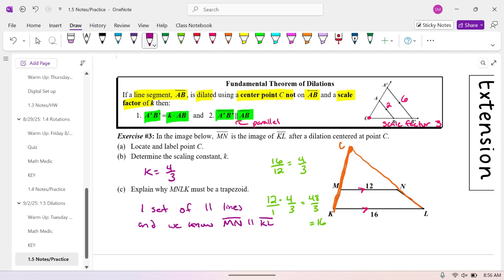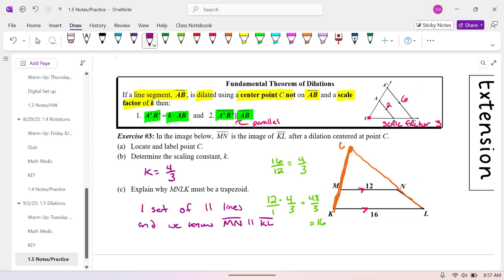You'll learn more about the properties of quadrilaterals when you get to Math 3, but typically what defines a trapezoid is just one set of parallel lines. And we can already assume, based off of our theorem from above, since we dilated, that MN is parallel to KL.